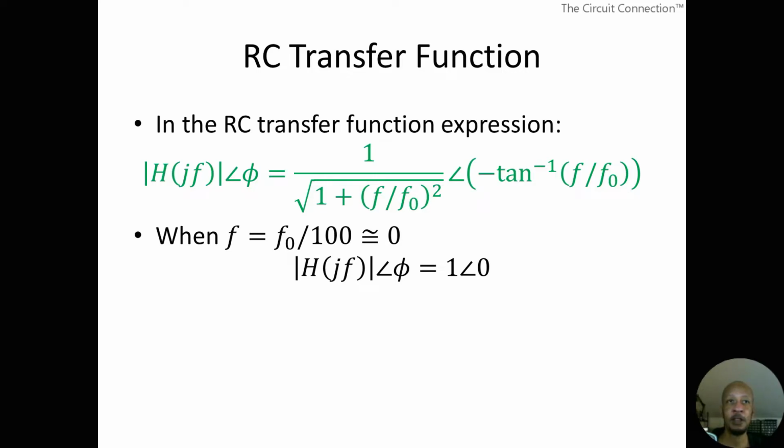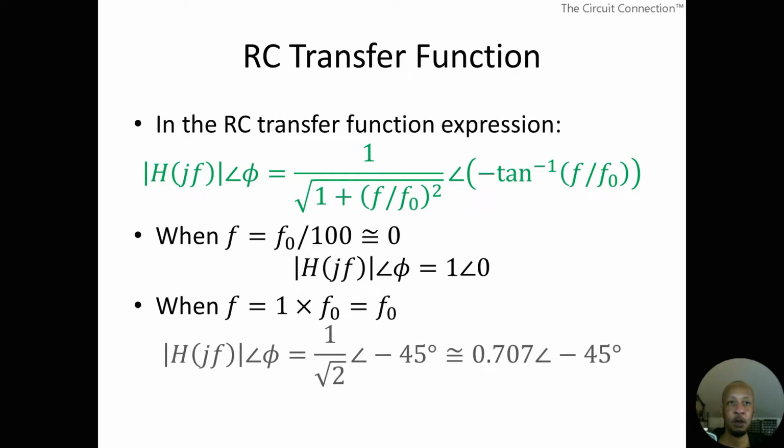Now, just as a side note, not to get into it, whenever you have a magnitude of 1 and you calculate a magnitude in terms of decibels, in terms of dB, that's going to be 0 dB. So that's just a side note. Now, next, when F equals 1 times F0, which is F0 itself, what are you going to get?